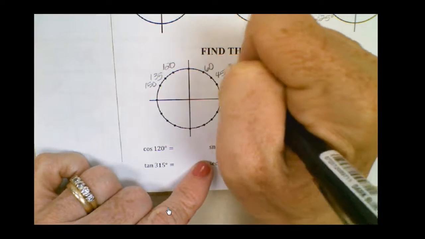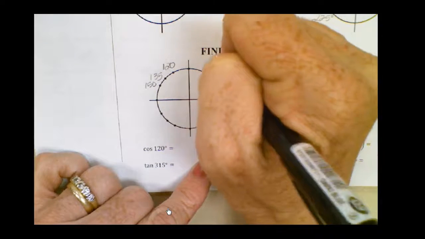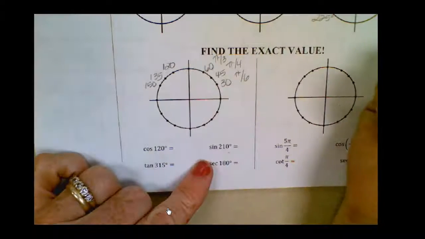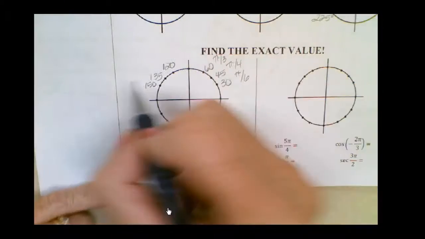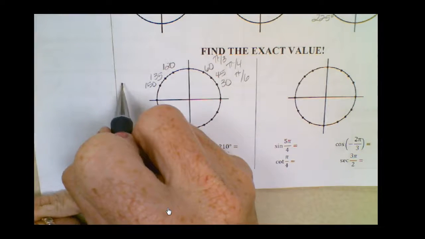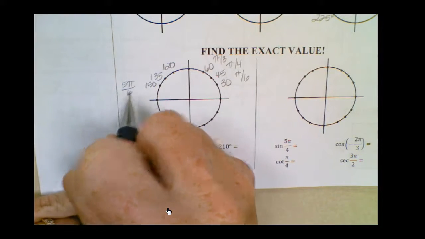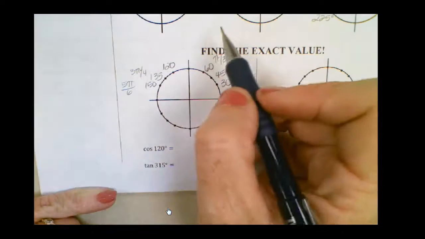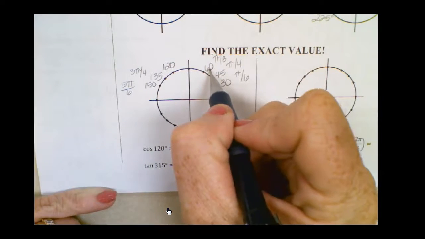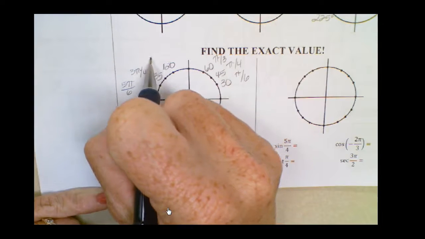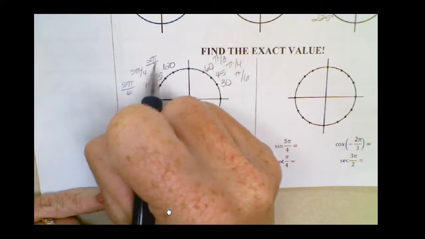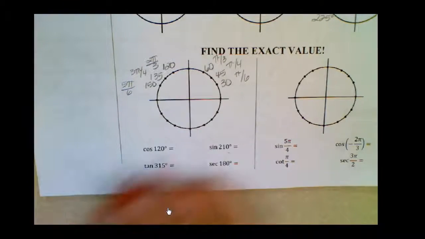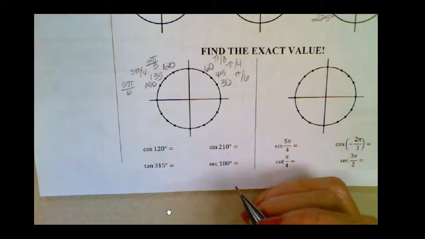Pi over 6, pi over 4, pi over 3. And this would be 5 pi over 6, 3 pi over 4, and 2 pi over 3. Okay? When you have your unit circle, you'll be able to fill this in really easily.